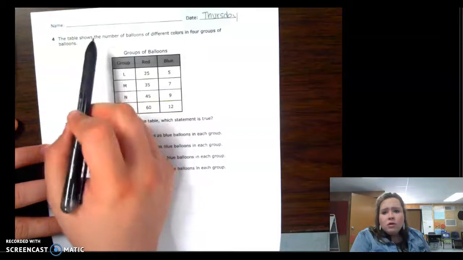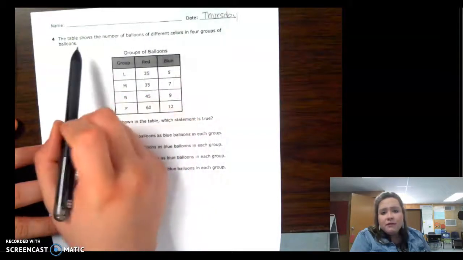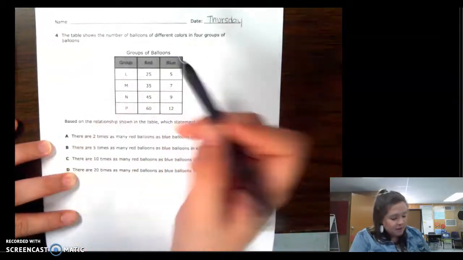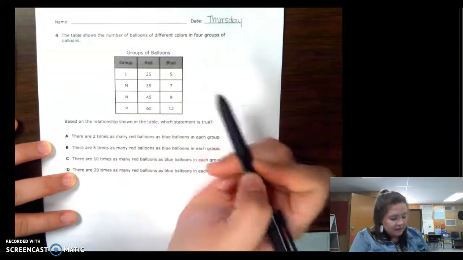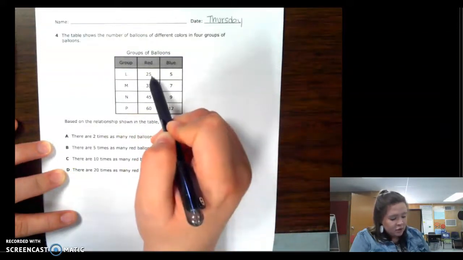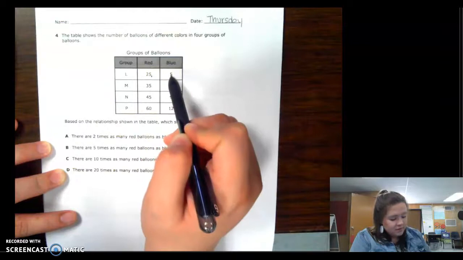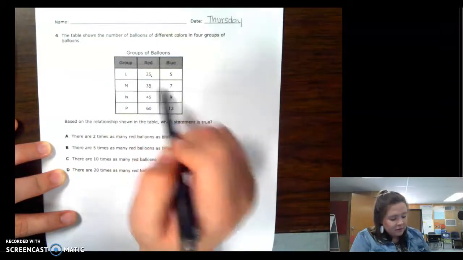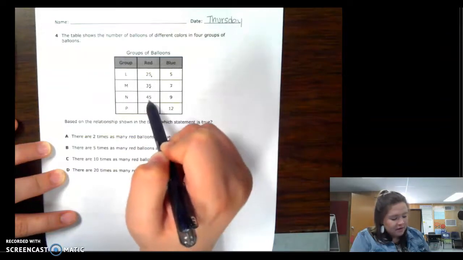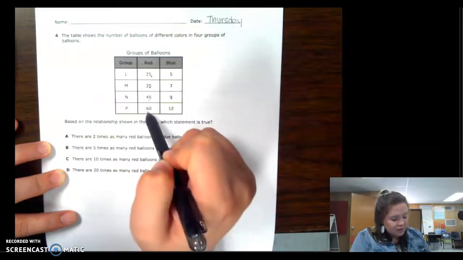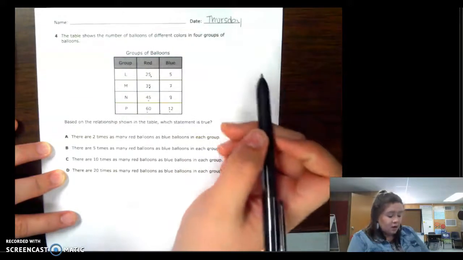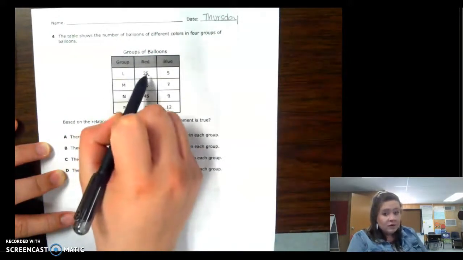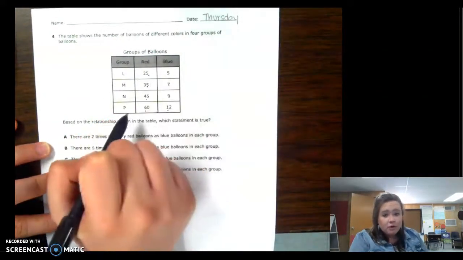The table shows the number of balloons of different colors in 4 groups of balloons. So group L, M, N, and P. There are 25 red balloons, 5 blue. 35 red balloons, 7 blue. 45 red balloons, 9 blue. 60 red balloons, 12 blue. So in group L, when you have 25 red balloons, you have 5 blue balloons.